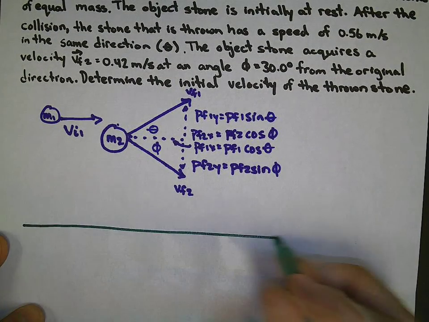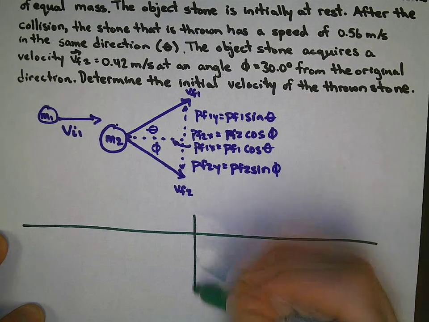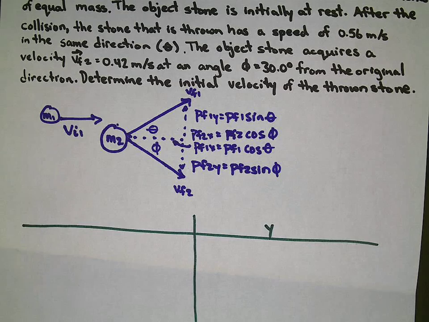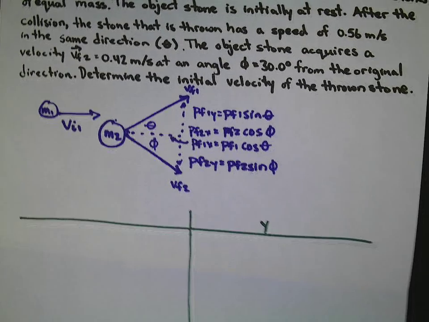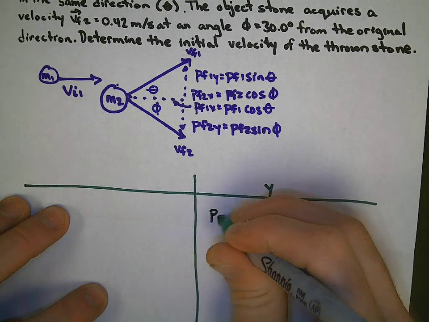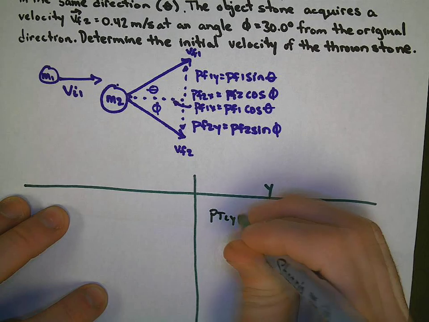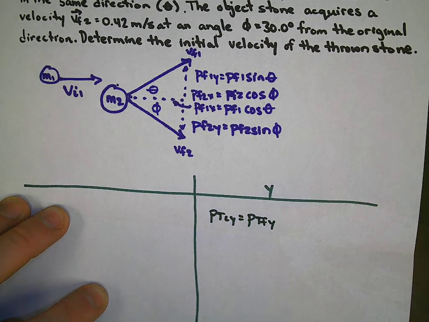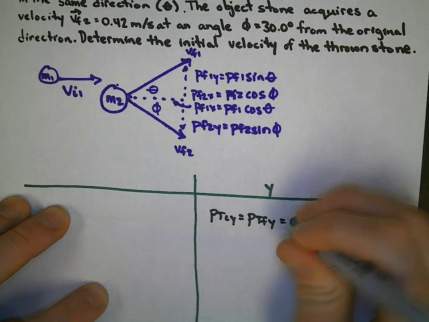Due to the direction of travel and the conservation of momentum, in our y direction, the total momentum before and after is 0. And this is due to the fact that our Pti in the y direction will be equal to our final momentum in the y direction, and that will be 0.